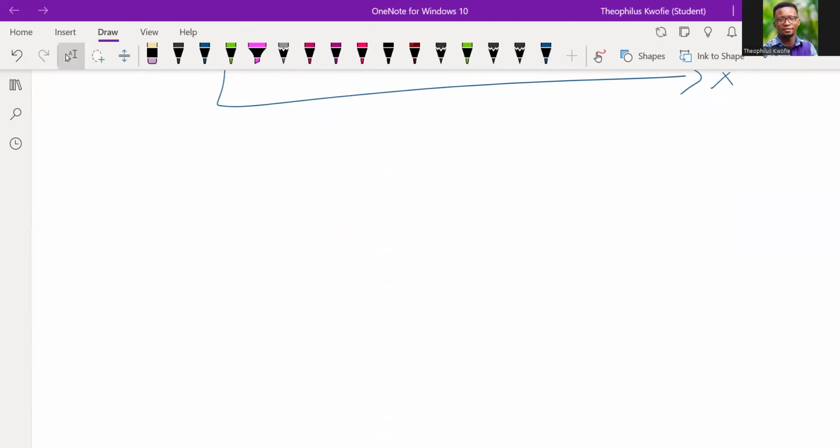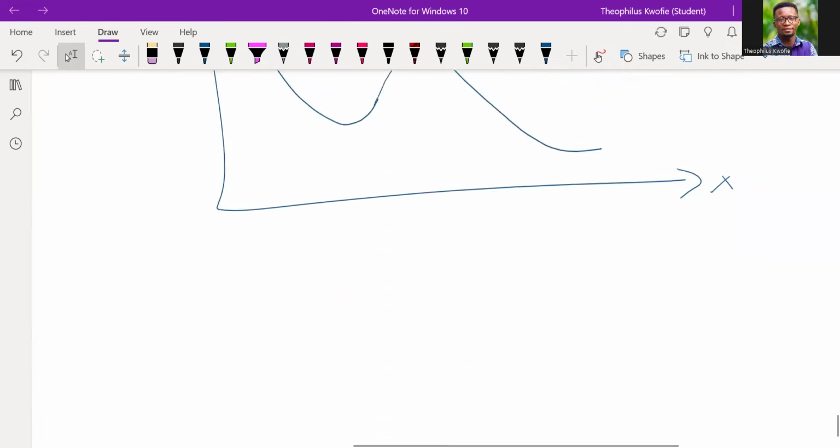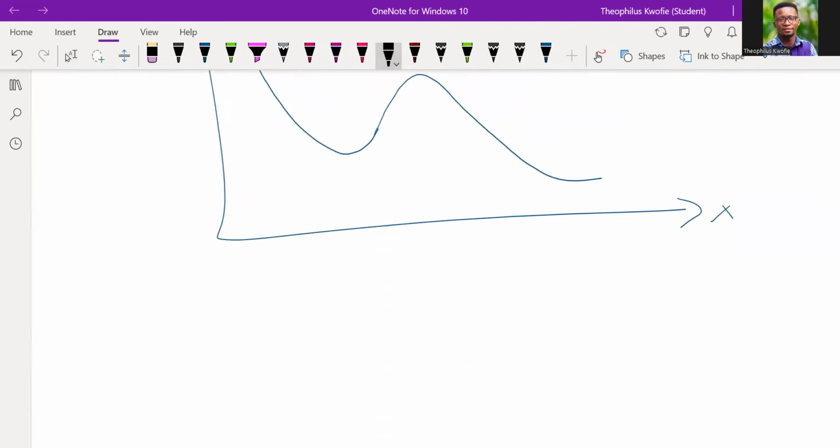Now, when that happens, what can we say? Remember, we have to evaluate g of x at the critical values. The critical values were 0 and 2.